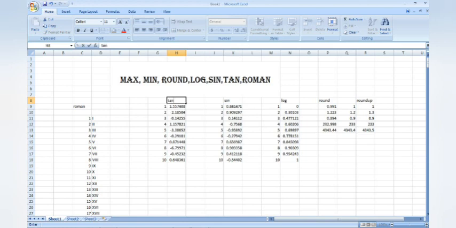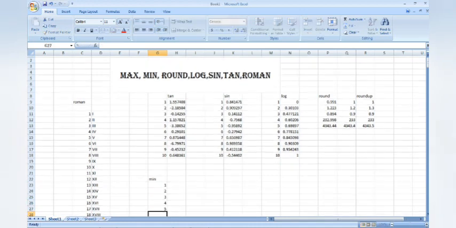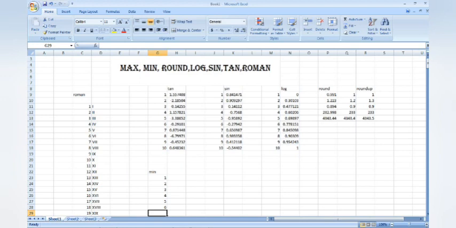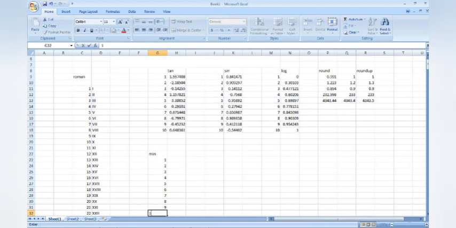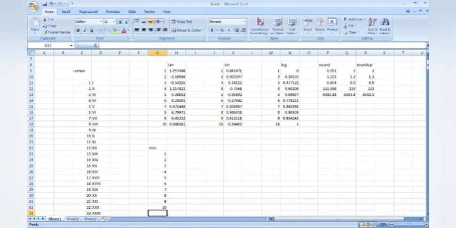So the next one is minimum, which is the MIN. So for instance, we have a set of numbers 1, 2, 3, 4, 6, 7, 9, 10. What this formula does is that it returns the minimum number in a range or series of numbers.